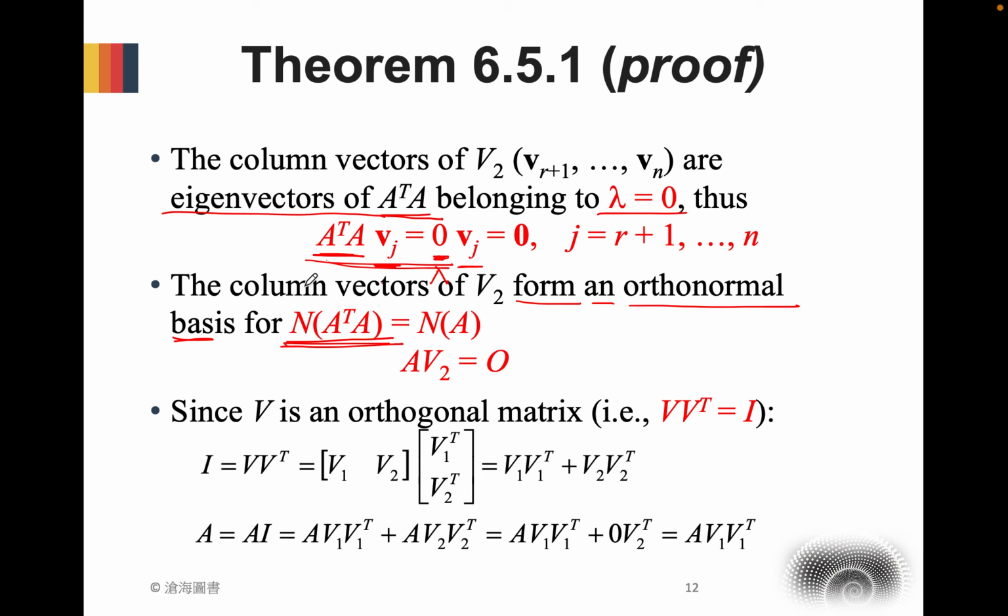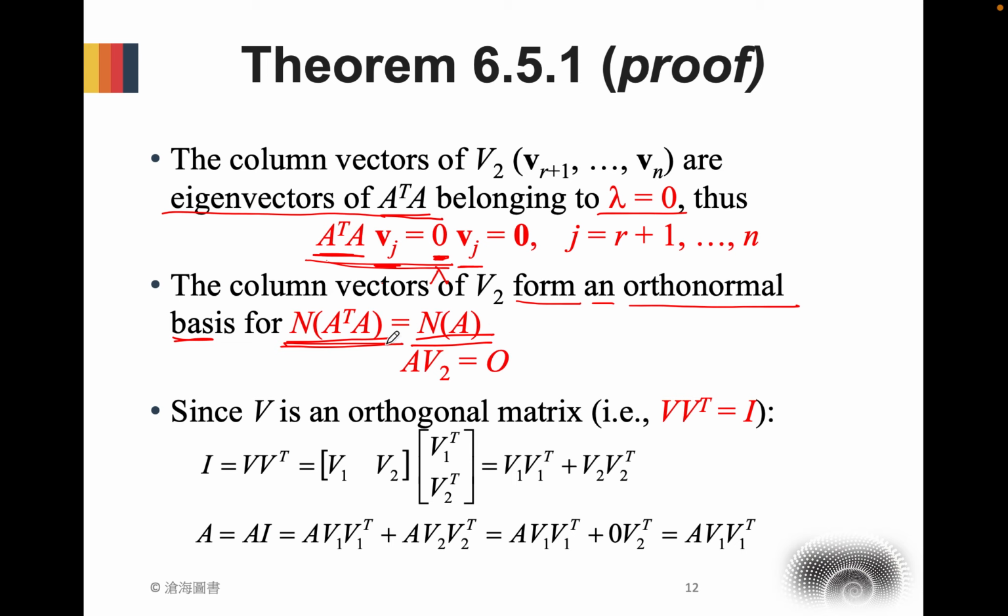Now, the null space of A transpose A, we can also say this space is equal to the null space of A. This is another property we can derive from the content we mentioned before.